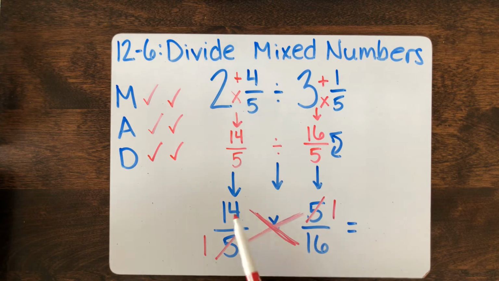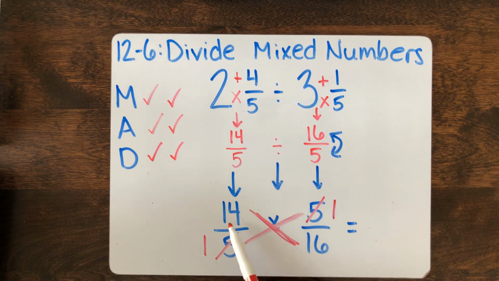What number can go into both 14 and 16? Meaning, what's the GCF of 14 and 16? That number, 14 can be divided by it, and 16 can be divided by it, and that number is 2.